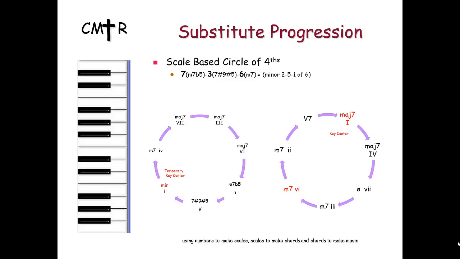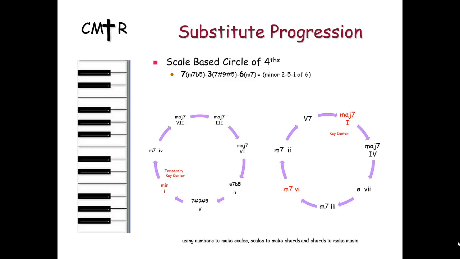In the substitute progression, you will see that we use the 7-3-6, and we talked briefly about changing key centers. And in this example, I'm going to show you just briefly what I was talking about.